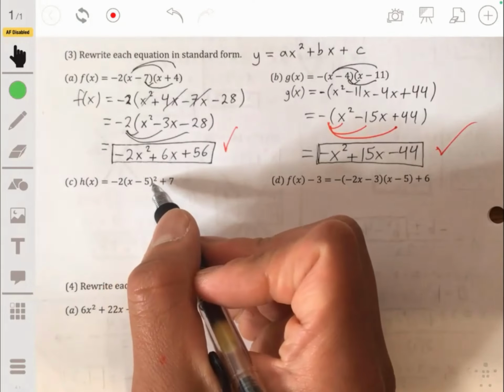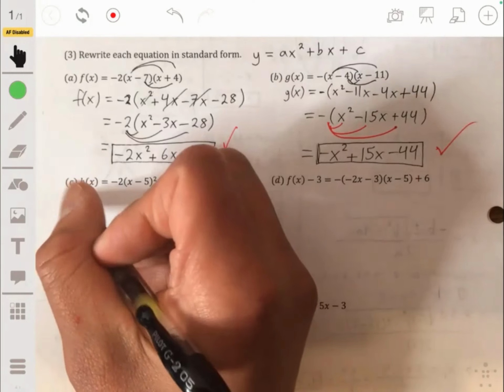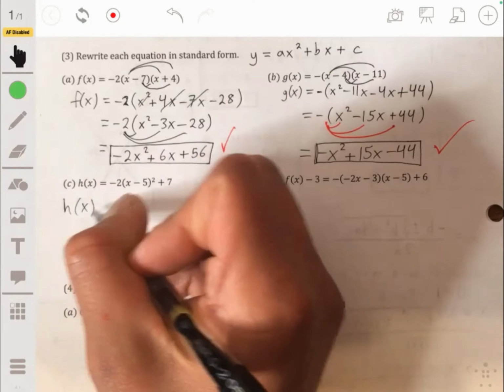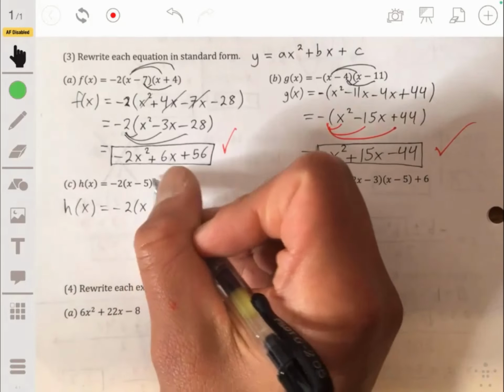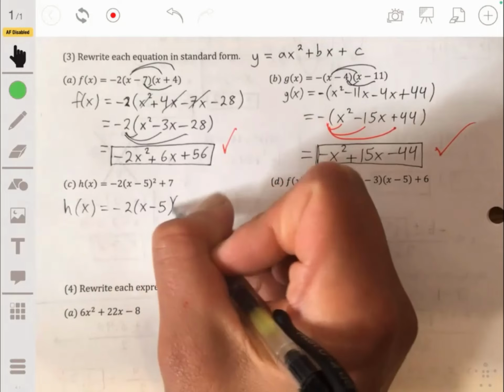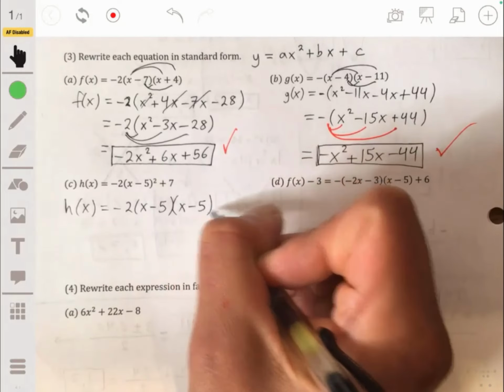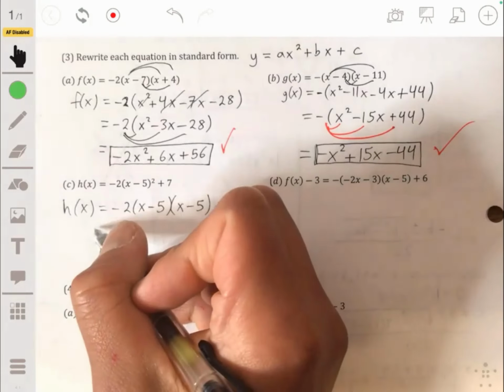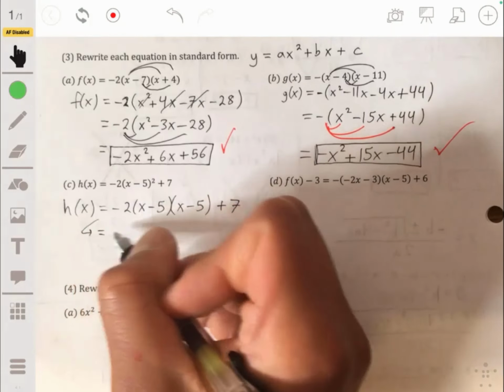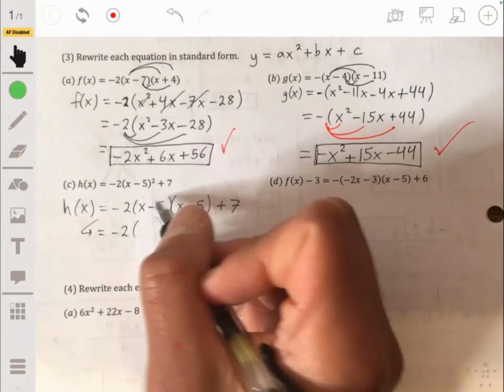All right, C. Okay, so here they're testing to make sure you know that x minus 5 squared is x minus 5 times x minus 5. Then you add the 7. So let's multiply these out.